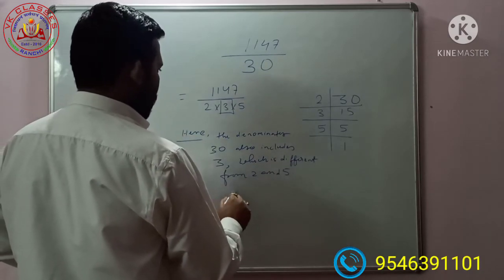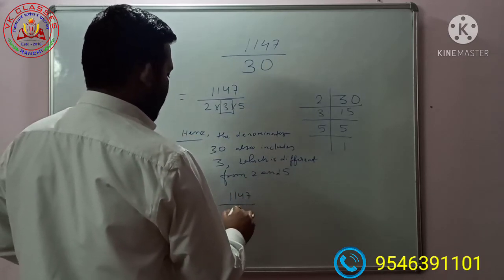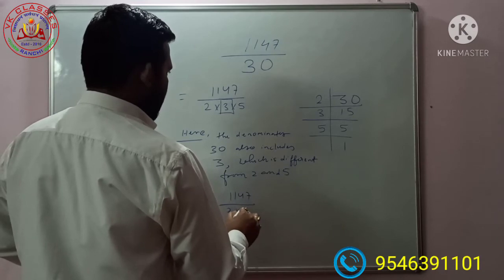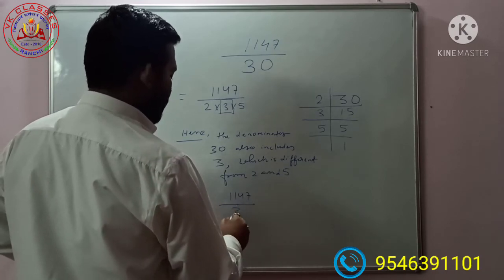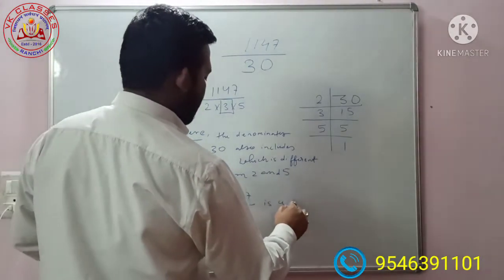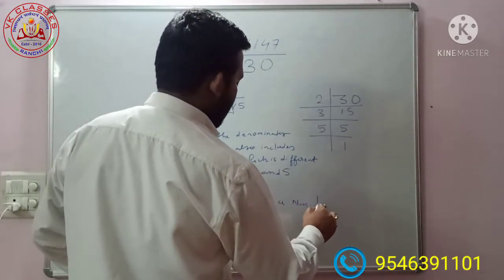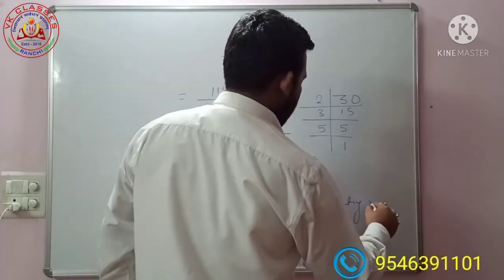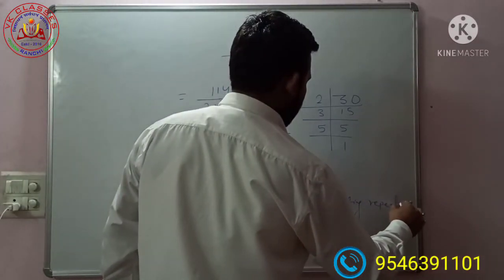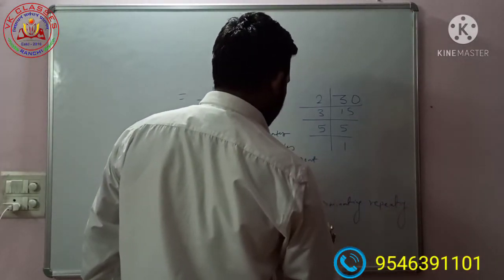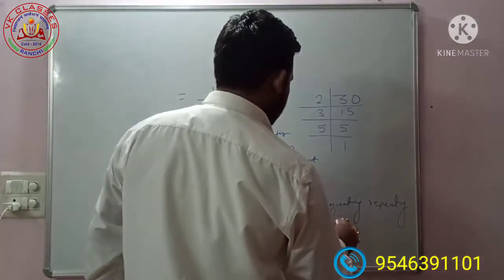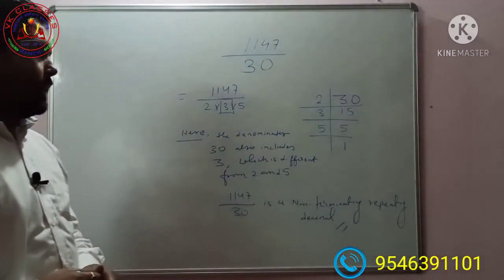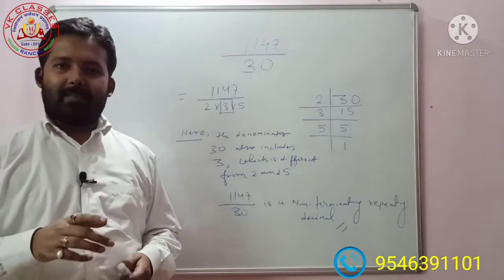Therefore we can say that 1147 divided by 30 is a non-terminating repeating decimal.